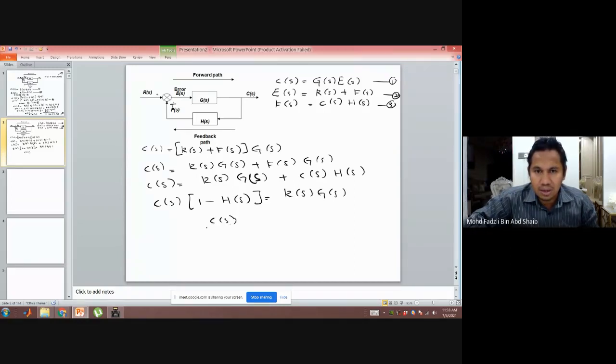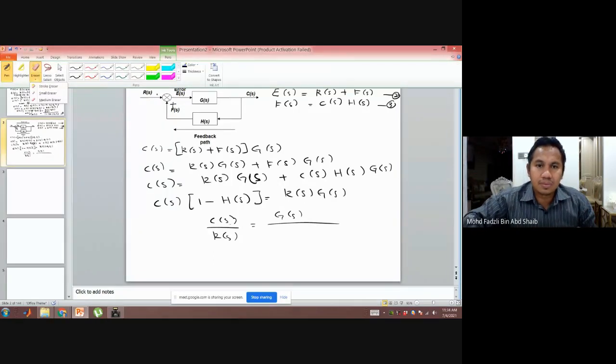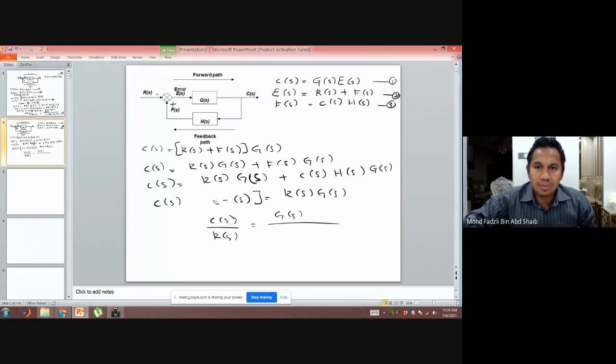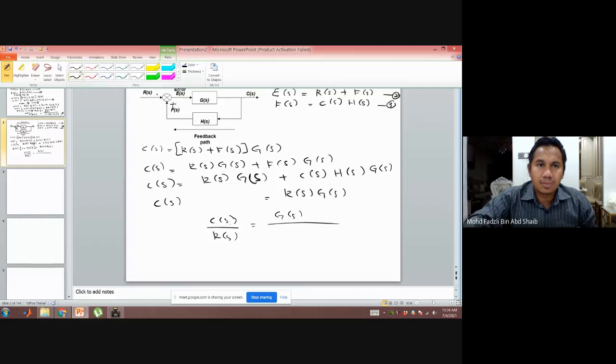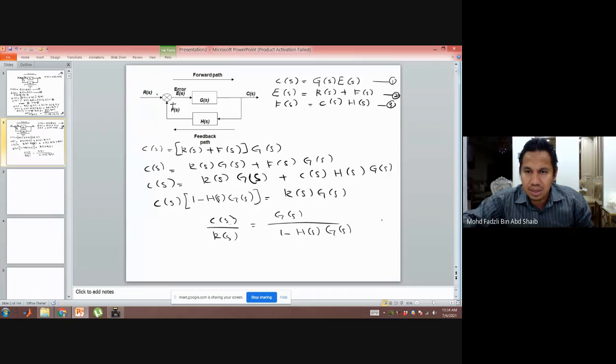Output over input, CS over RS, equals GS over 1 minus HS GS.